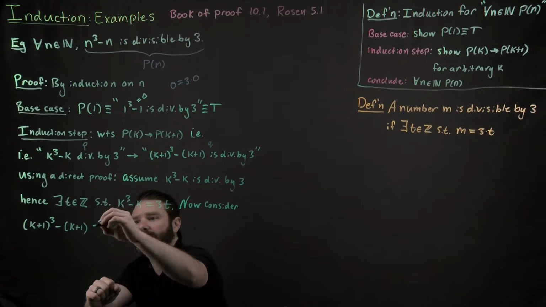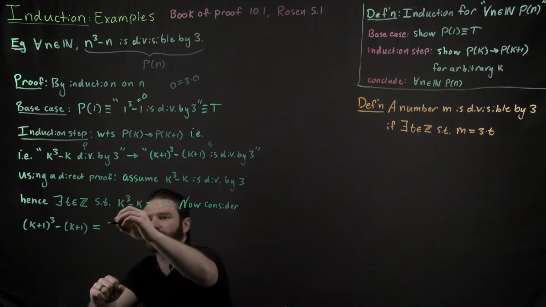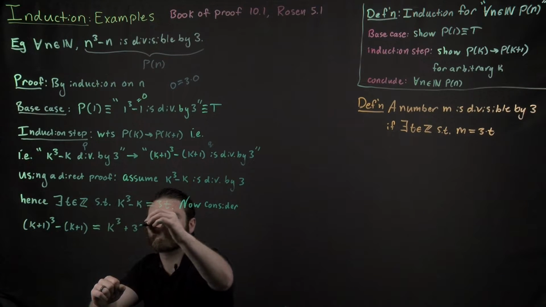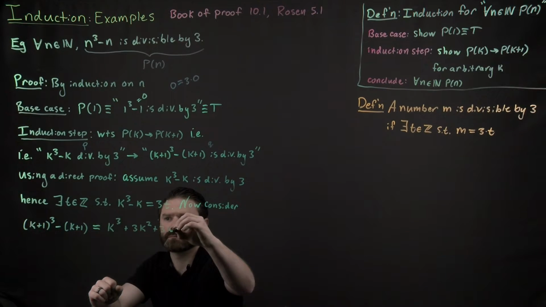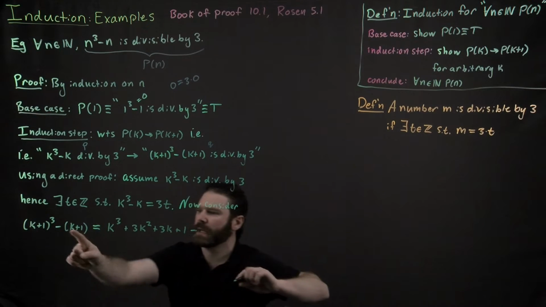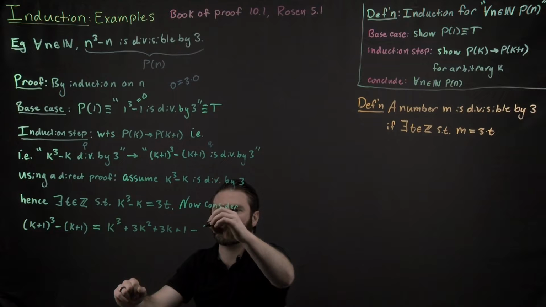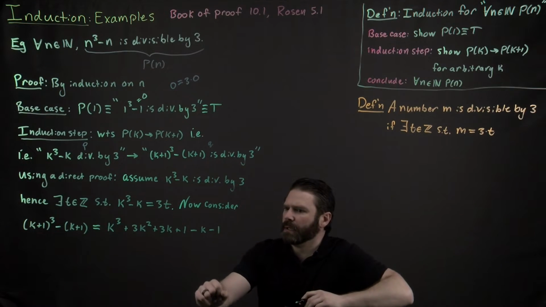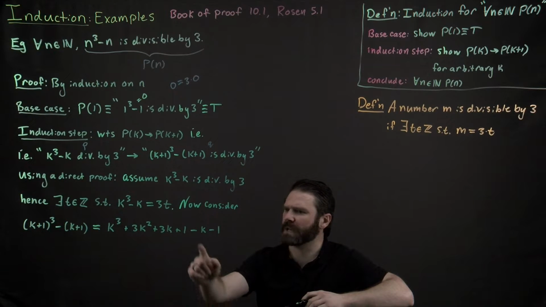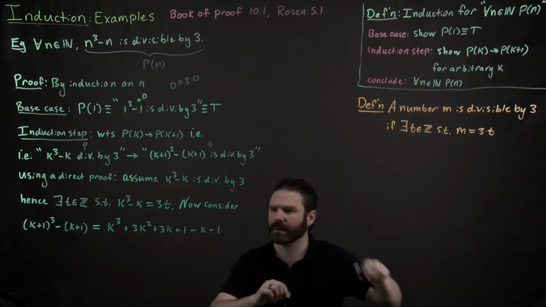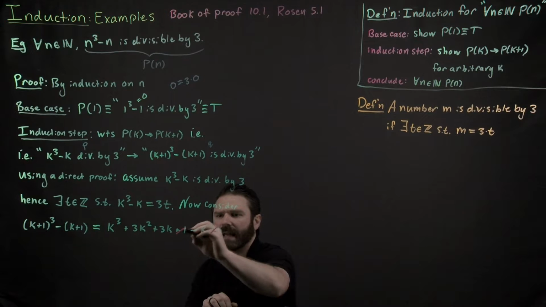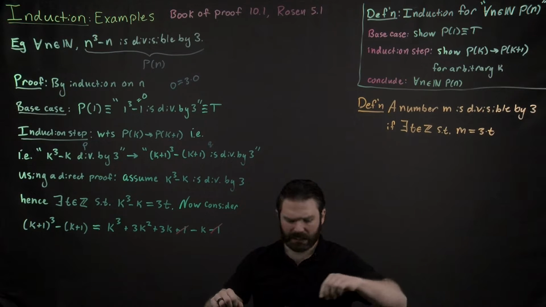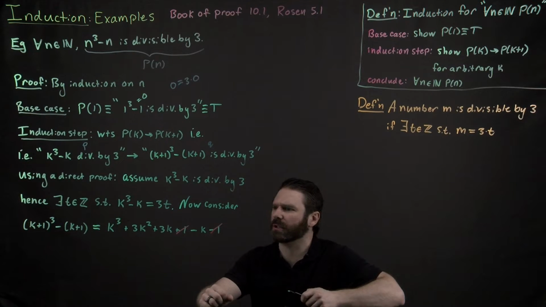If I expand this out, what do we get? Then I'm going to distribute my minus sign, so I'm going to get minus k minus 1. So I have a plus 1 and a minus 1, so I know those are going to cancel each other out. Are we getting anywhere closer?